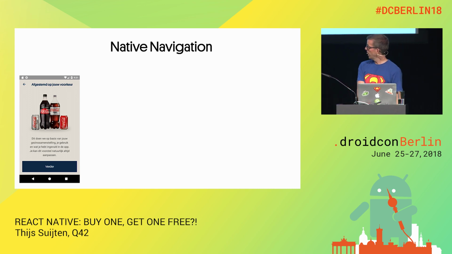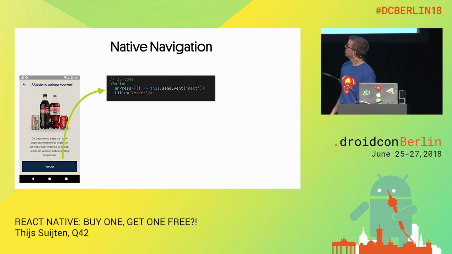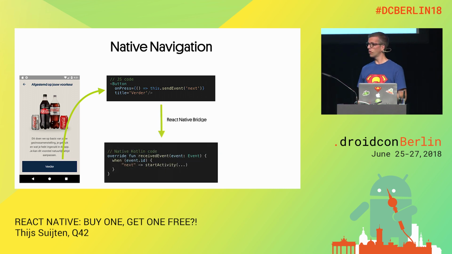So imagine that we have a screen here with some React Native content and a button. So if you press that button, then in React Native we have an onPress handler here, which basically sends an event to the native code over the React Native bridge, which is very easy to do.